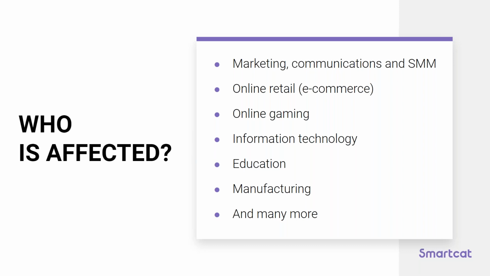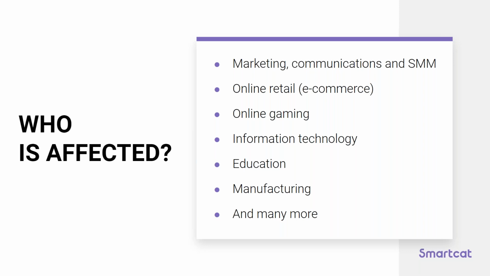Online gaming for sure, because for online games, one of the biggest growth factor is being published in multiple regions. So they're also struggling to be localized very efficiently and into multiple languages. Information technology companies who are dealing with a lot of information. Education, because a lot of content these days is published online.